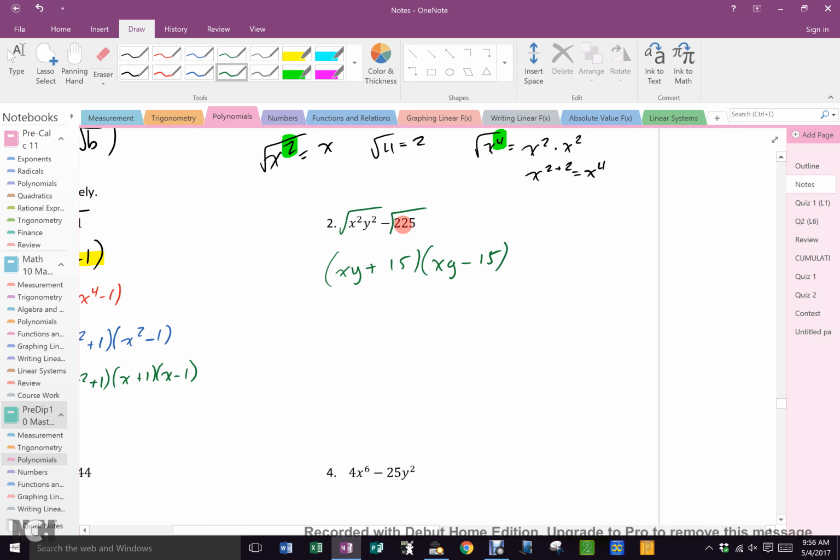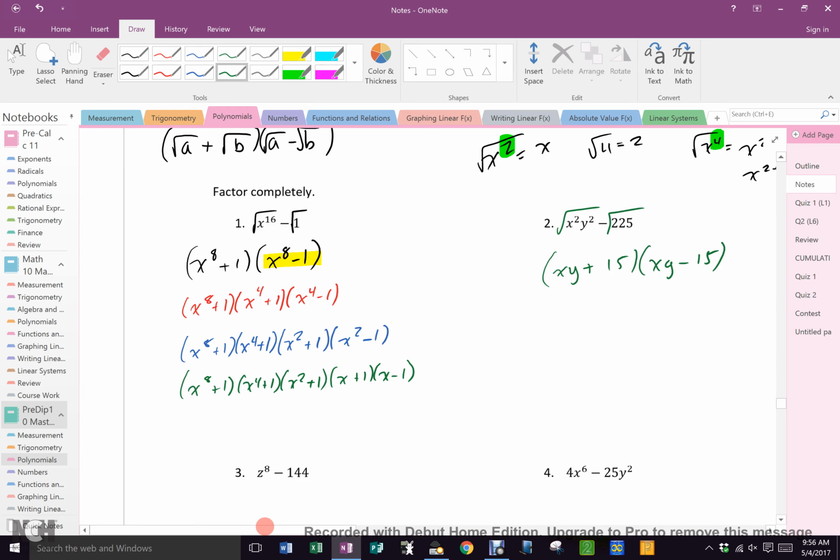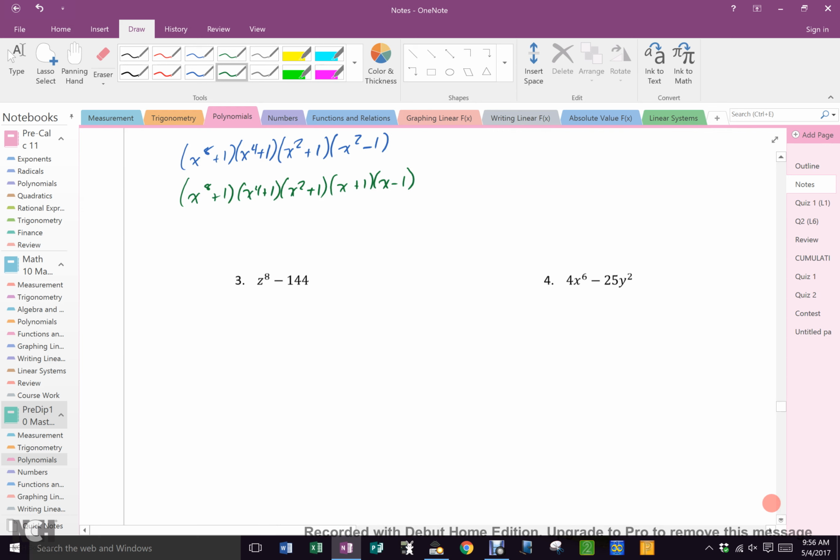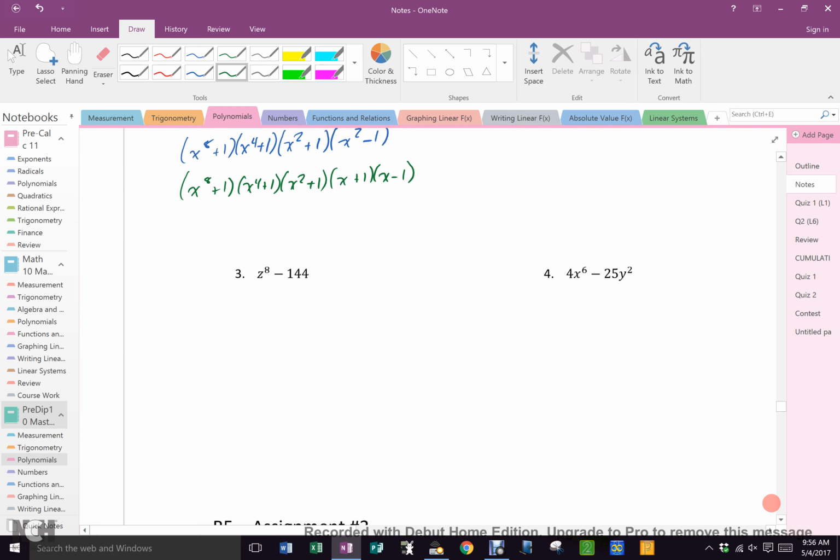Gotcha. Now, look at 3 and see if you can figure it out. What's it going to be? Z to the 4th plus 12 and Z to the 4th minus 12. And I'm done, right?